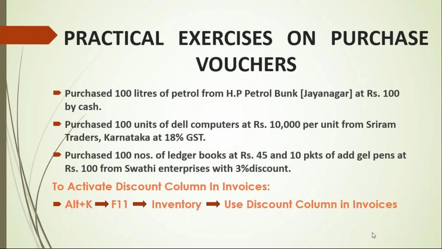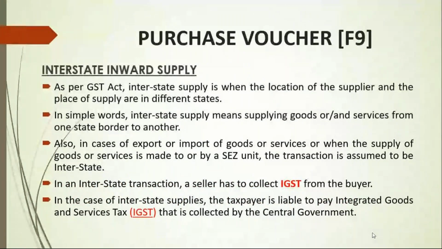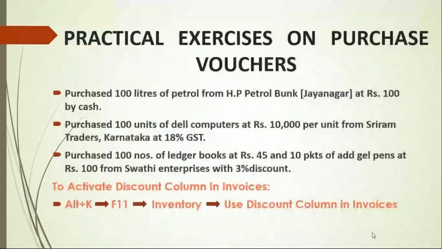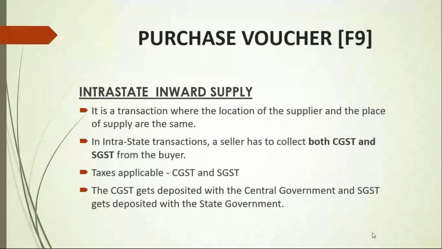Now, after discussing the intrastate inward supply, so what did intrastate say? It's a transaction where the location of the supplier and place of supply are the same. And GST would be applicable if it is a taxable activity or transaction. For an intrastate, it is CGST and SGST, where CGST gets deposited with the central, SGST with the state.